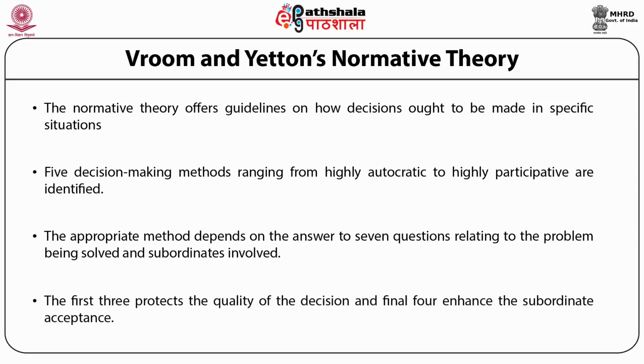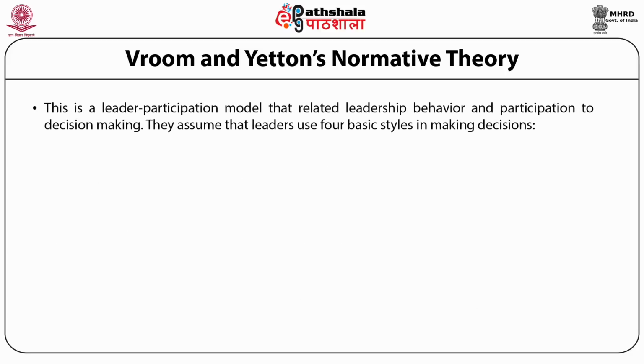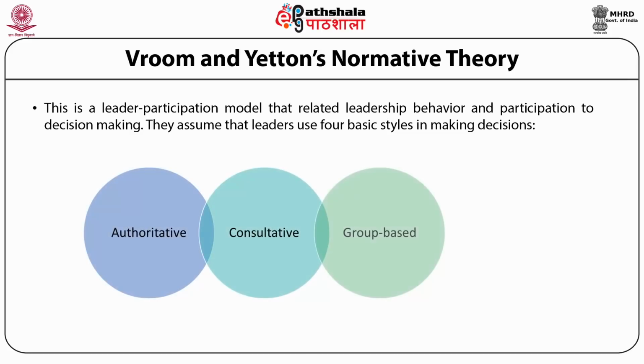The first 3 protect the quality of the decision, and the final 4 enhance the subordinate acceptance. This is a leader participation model that relates leadership behavior and participation to decision making. They assume that leaders use 4 basic styles in making decisions, that is, authoritative, consultative, group-based, and delegative.